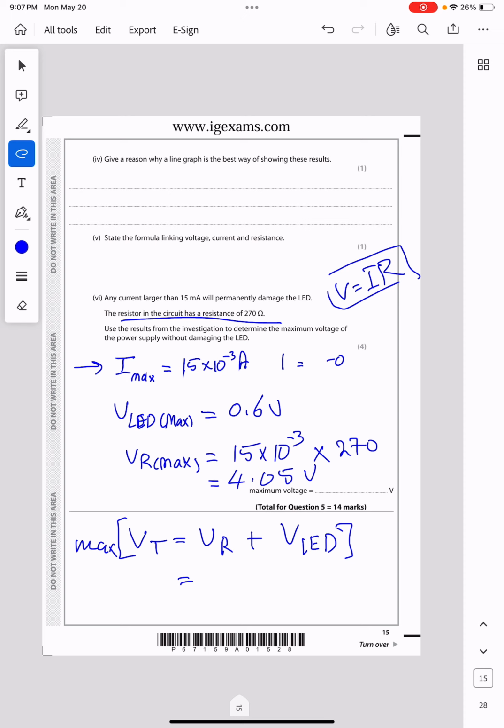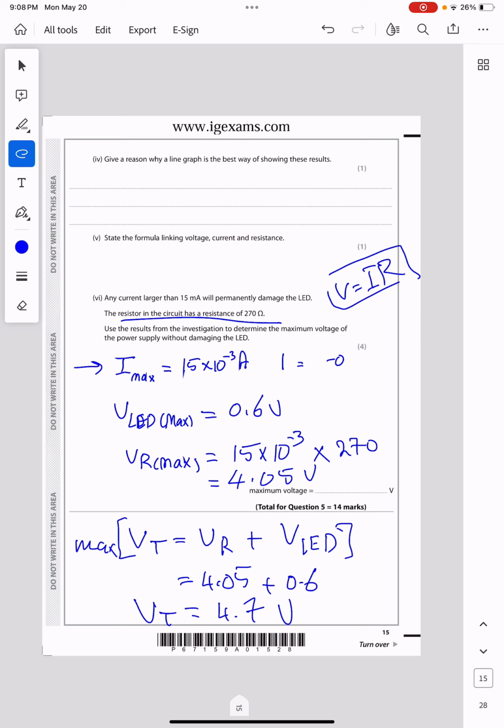So V total max is equal to 4.05 plus V LED max, which we got from the investigation, so we really needed that part. When you add them together, you end up with 4.65 volts.